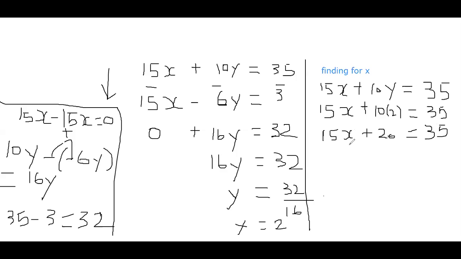Good. Now we have 15x plus 20 equals 35. Now we try to make x the subject, right? So now we need to take over 20. 20 is adding on one side. When we take it over, it will be minus. Good. So 35 minus 20 will give us 15, right?